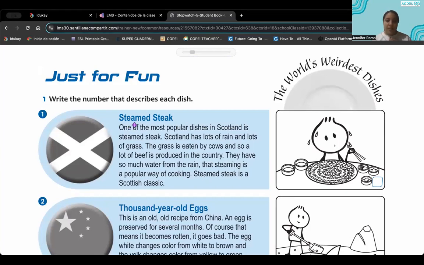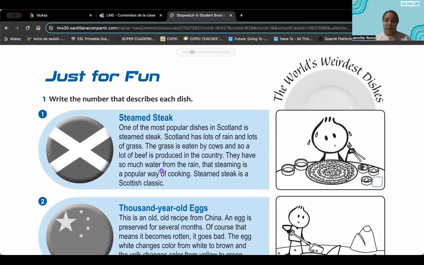¿Qué nos dice aquí? La carne al vapor, dice. Es uno de los platos más populares en Escocia. Uno de los platos más populares en Escocia es la carne al vapor. Escocia tiene muchas lluvias y mucho grass, césped. El césped es comido por las vacas y por eso hay mucha producción de carne en ese país.